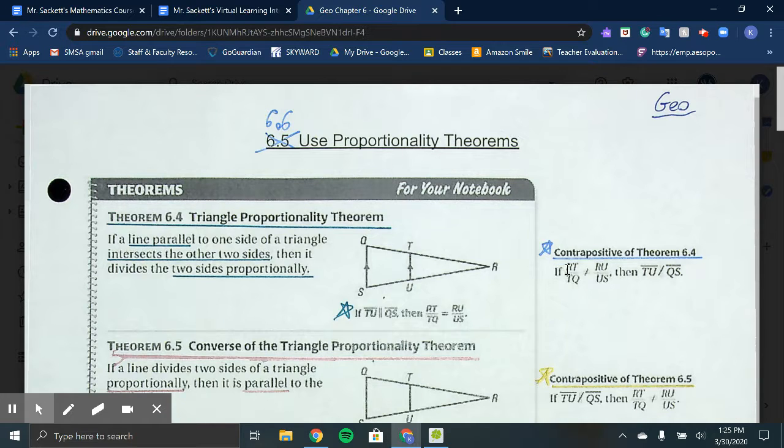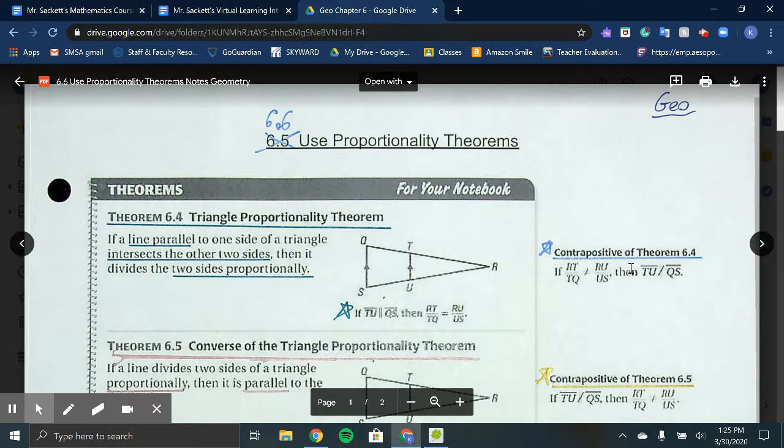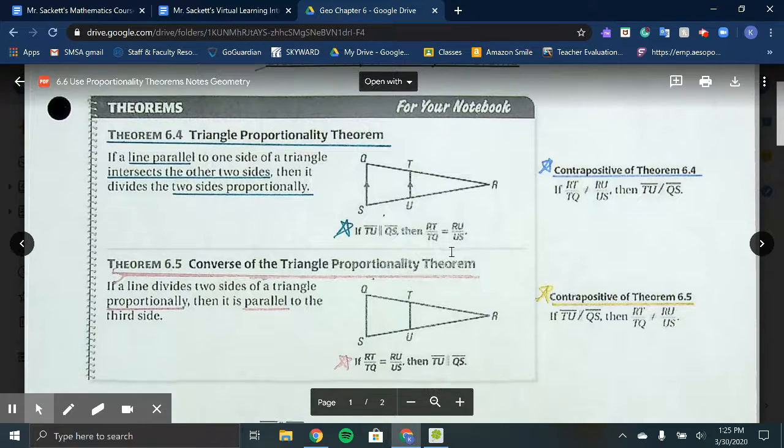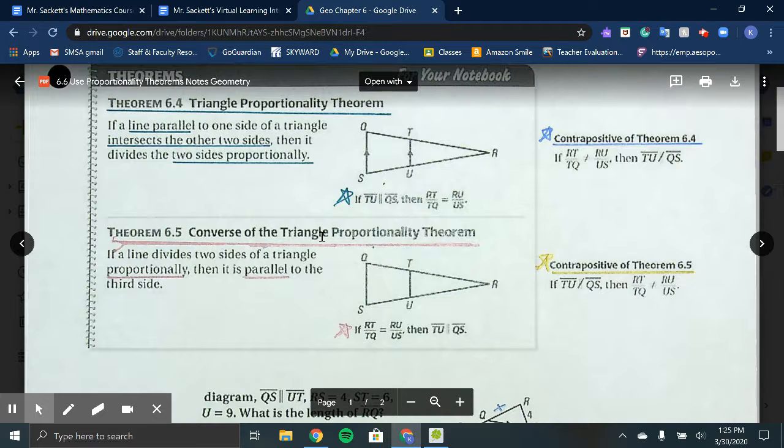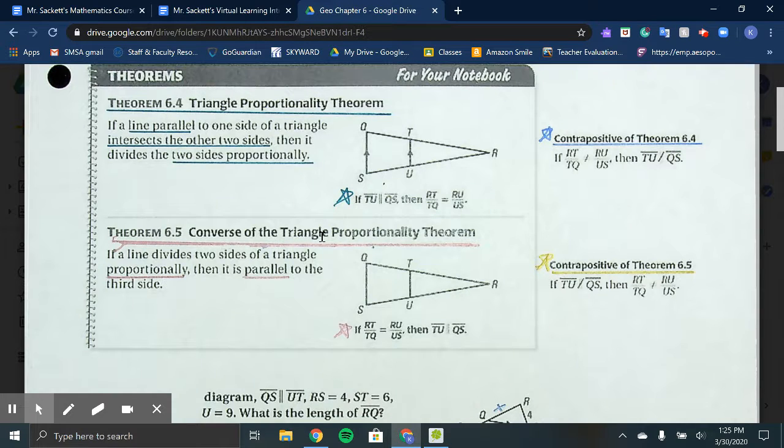Over here on the right, you can see the contrapositive to that theorem going in reverse, where if sections are not proportional, then they are not parallel. The other main theorem is 6.5, the Converse of the Triangle Proportionality Theorem, which states if a line divides two sides of a triangle proportionally, then it is parallel to the third side.